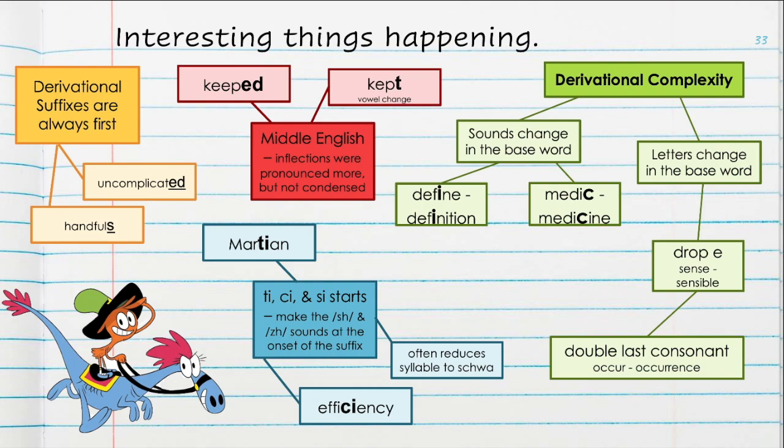Some interesting things that happen as we're looking at these suffixes is that you will always have the derivational suffixes come first. You have that change in the base word pronunciation. You might even have some of the letters dropping, or you might have doubling of some of those for the derivational complexity. And you're going to have some of this ti, ci, si, sh sound happening for like Martian or efficiency. So you have a little bit of sound variation coming in.